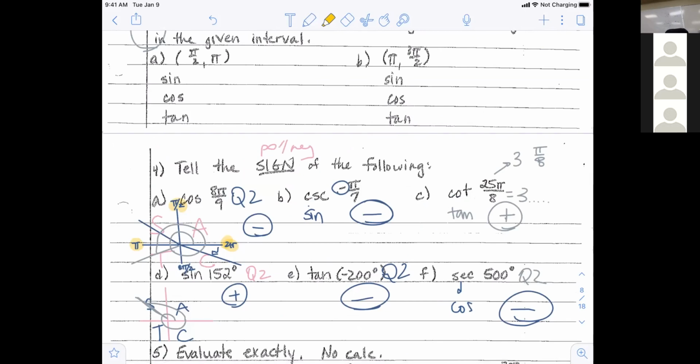So like 25 pi over 8. This pi would have been 8 pi over 8. That would have been pi, right? And then another pi would be 16 pi over 8. We're not there yet, we've got to keep going.